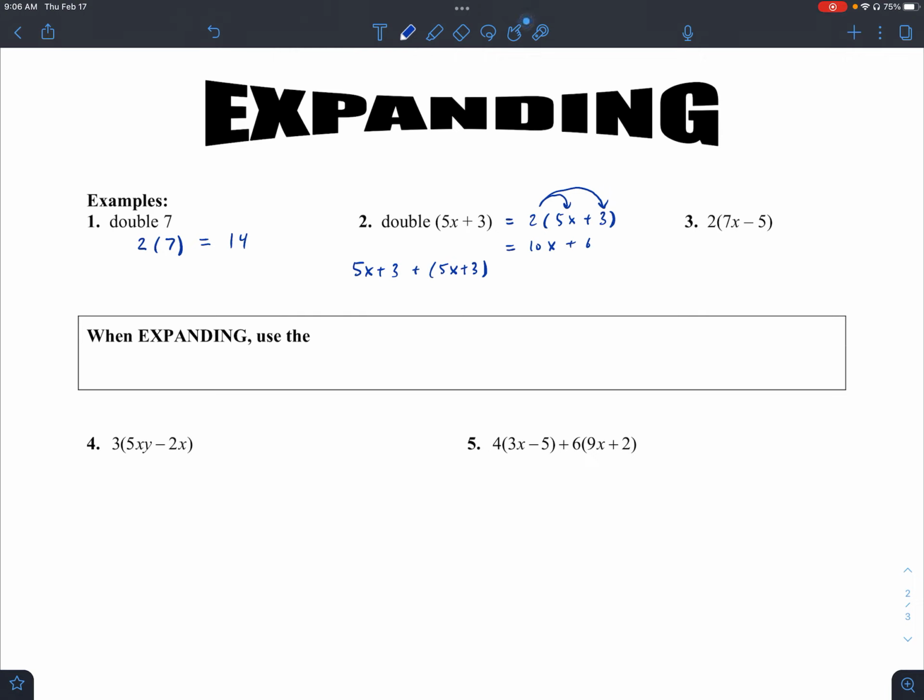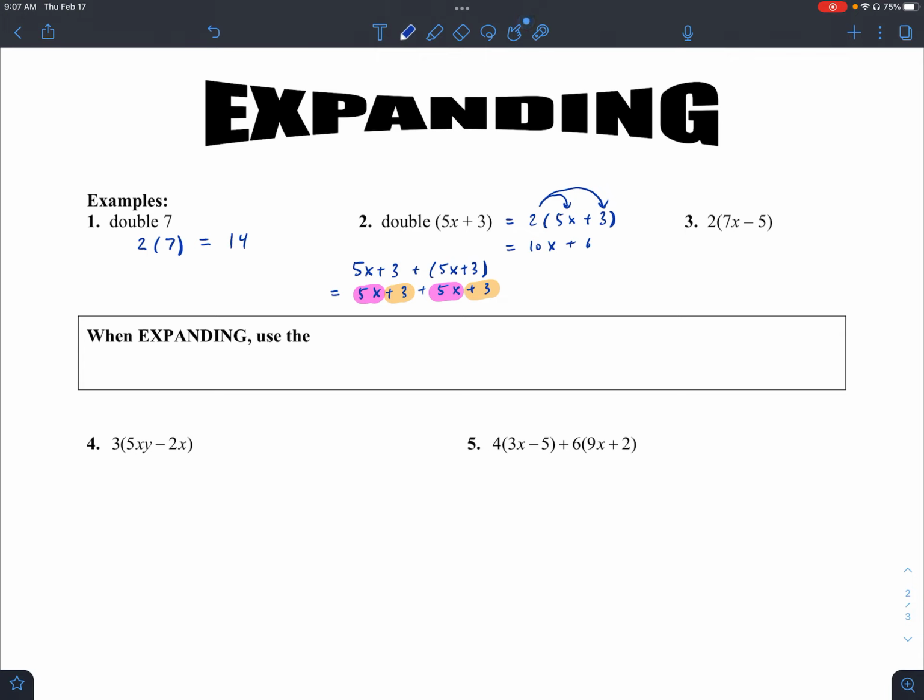So if we do 5x plus 3 plus 5x plus 3, we're doubling. And so what does that ultimately become? It becomes 5x plus 3 plus 5x plus 3, which, if we collect like terms, 5x is a like term, and the 3's are like terms that can be collected.